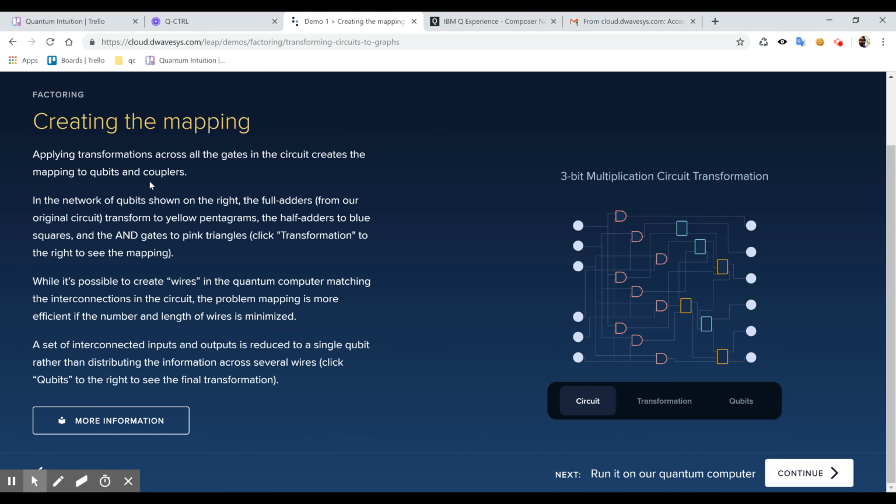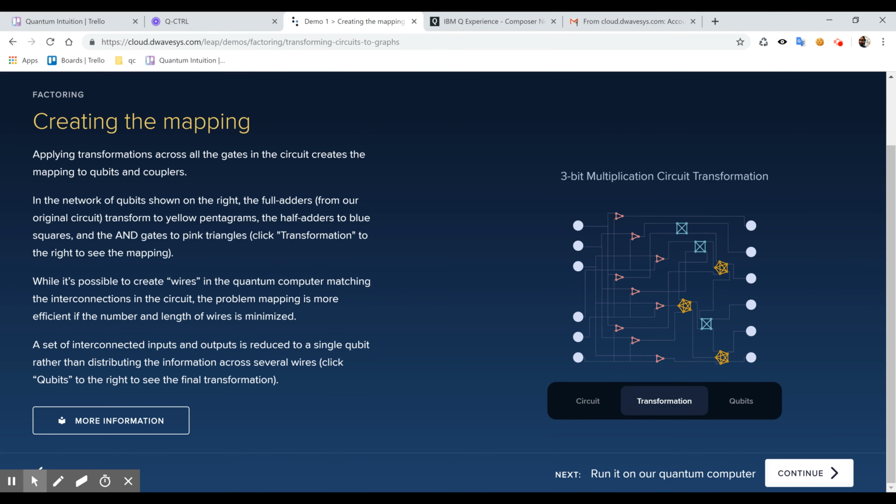So applying transformations across all the gates in the circuit creates the mapping to qubits and couplers. Oh, okay. So basically they're replacing the classical gates by however they specify quantum gates.